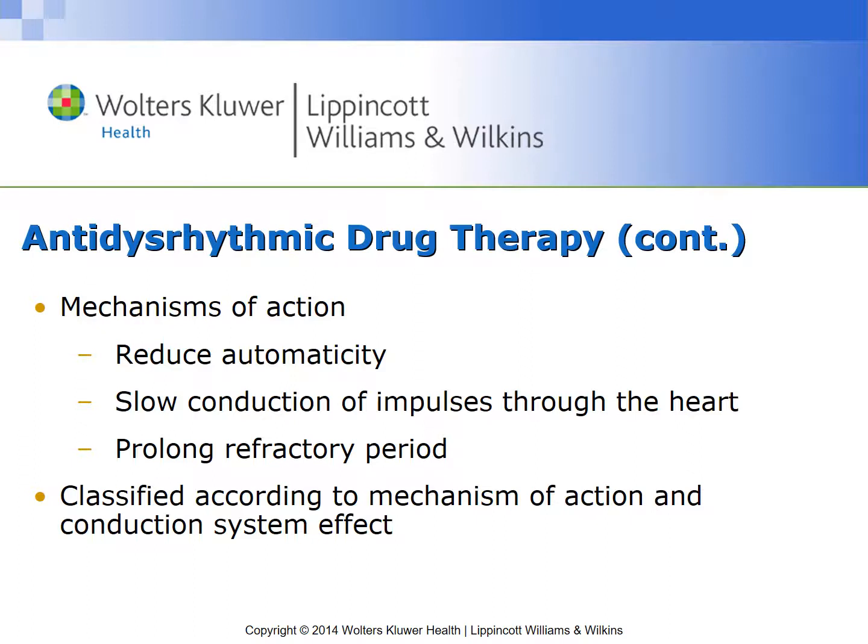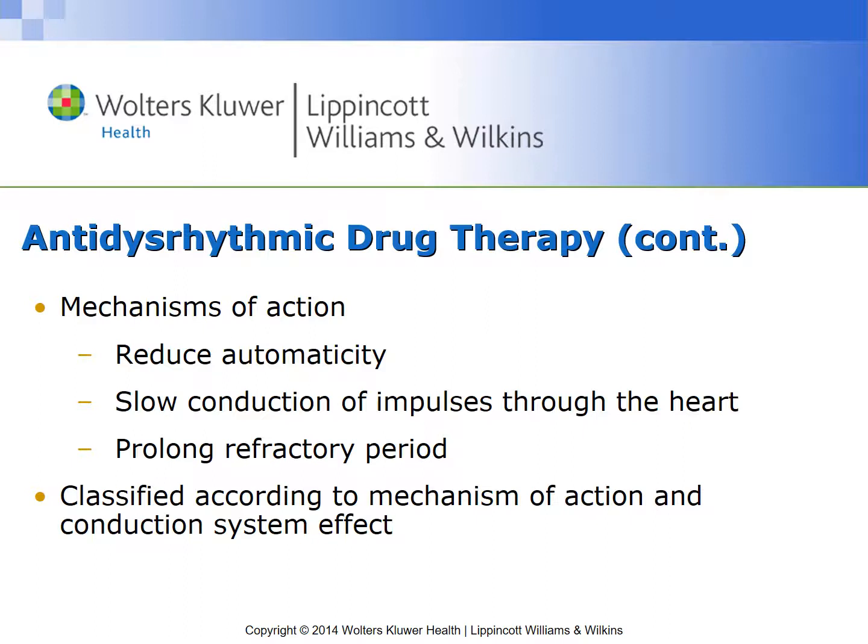So the mechanism of action is that it deals with those words that we talked about earlier. It reduces automaticity, meaning that remember that automaticity is the heart's ability to generate the electrical impulse. It can slow the conduction of the impulse through the heart.